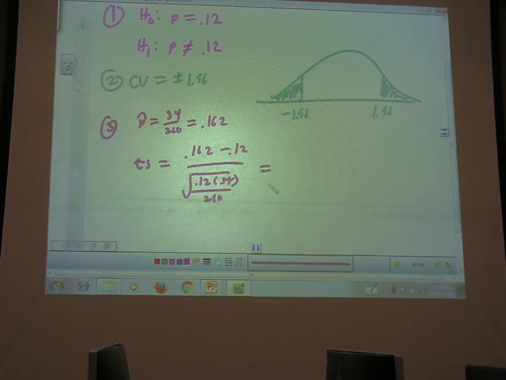Okay, so what do you guys get for that? No, you have to do the top part and the bottom part.